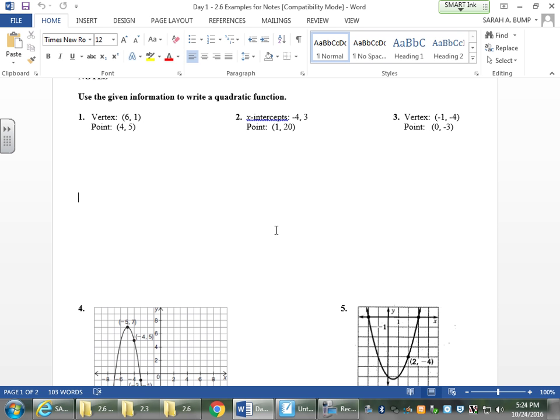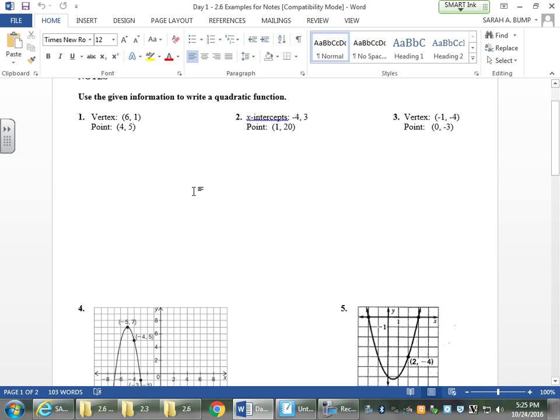And honors, you guys will have just the open-ended on day 5 because your post-test was embedded in a lot of your other assignments. So let's go ahead and talk about how we write a quadratic function using given information.